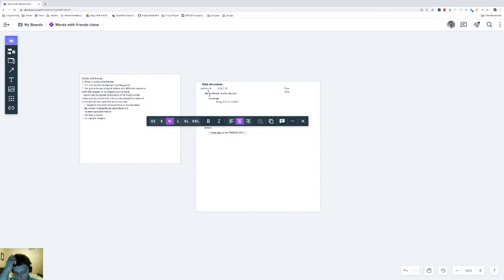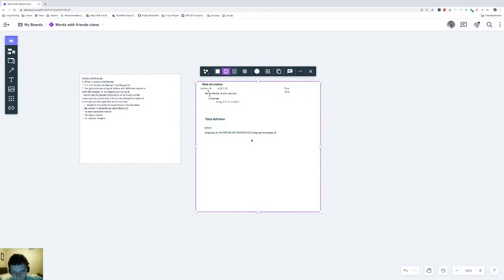The constraint syntax varies. We're using Transact-SQL, so it needs FOREIGN KEY REFERENCES. This would be language dot, that's just what I remember off the top of my head.